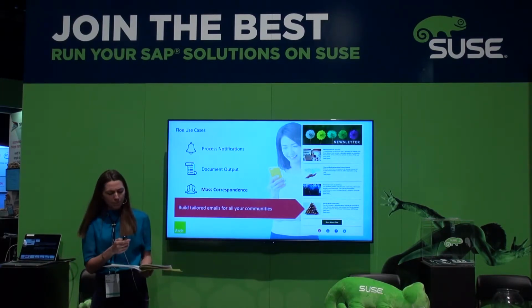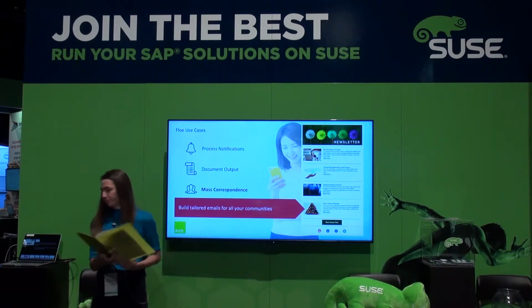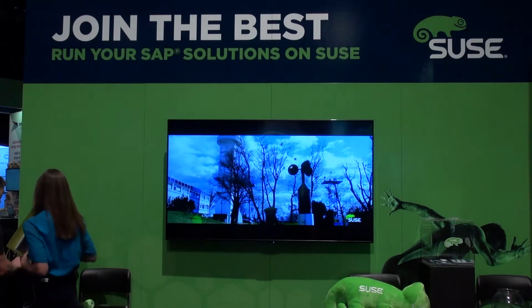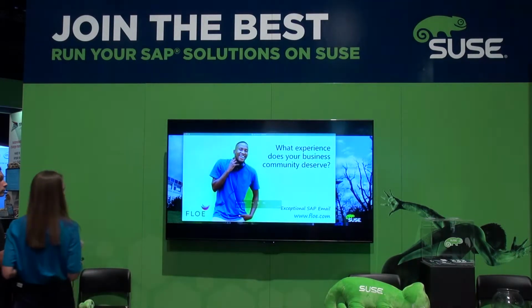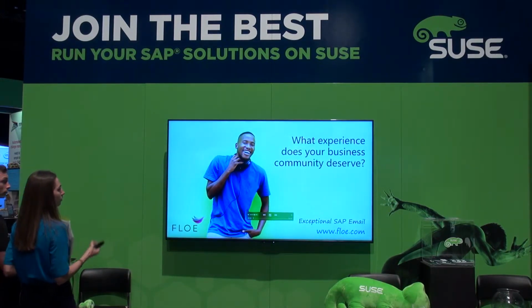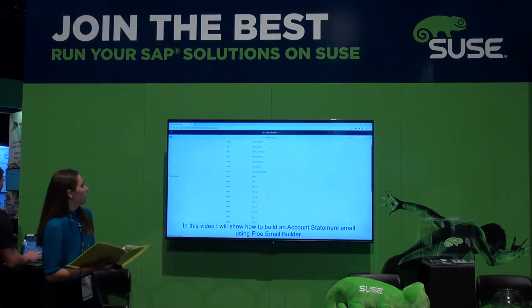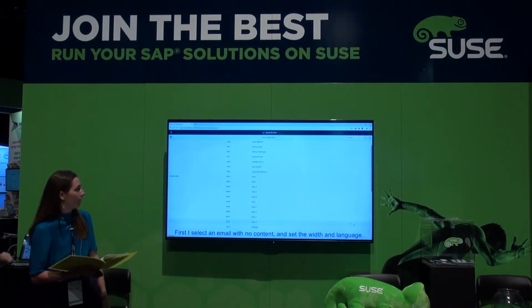Now I'll show you a quick demo where you can see the Flow email builder. Yep, so it's just that one there. So that's the graphical interface for our email builder.